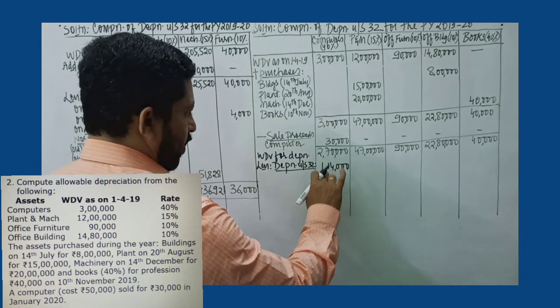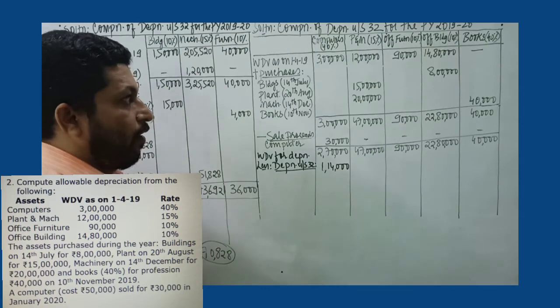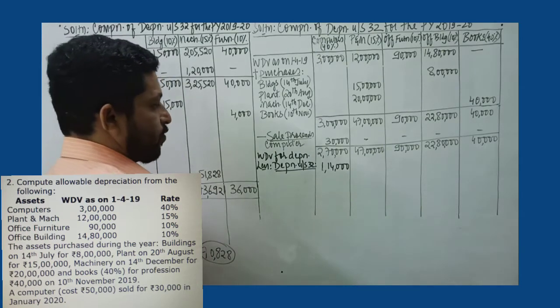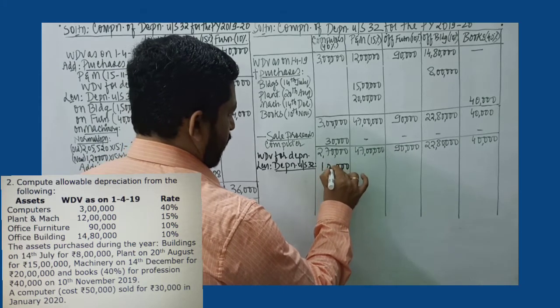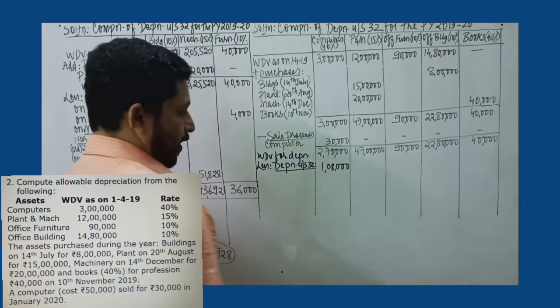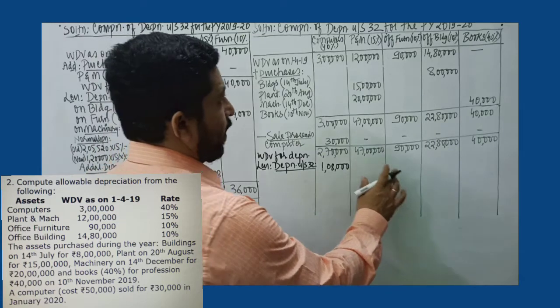That would be 27,000 plus 27,000, which is 54,000, and 54,000 plus 54,000 is 1,08,000. Sorry, so it would be 1,08,000. Machinery we will take later.